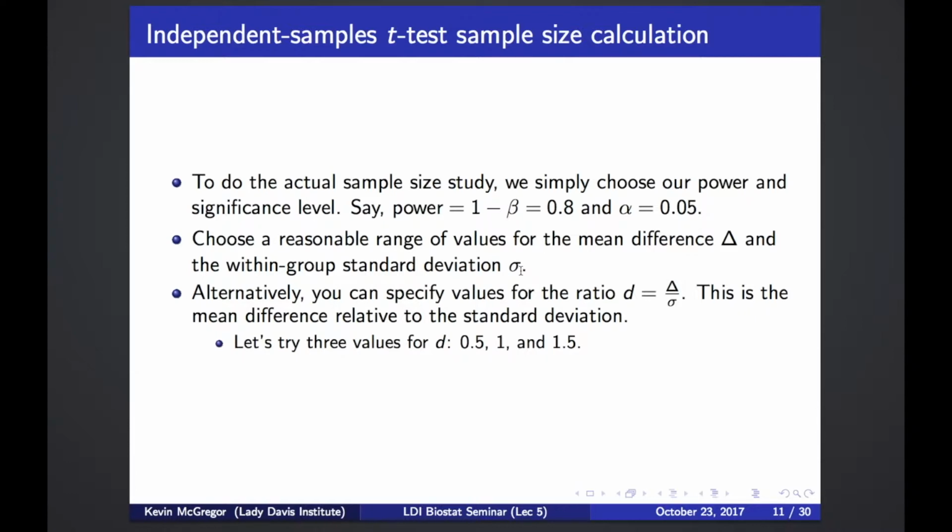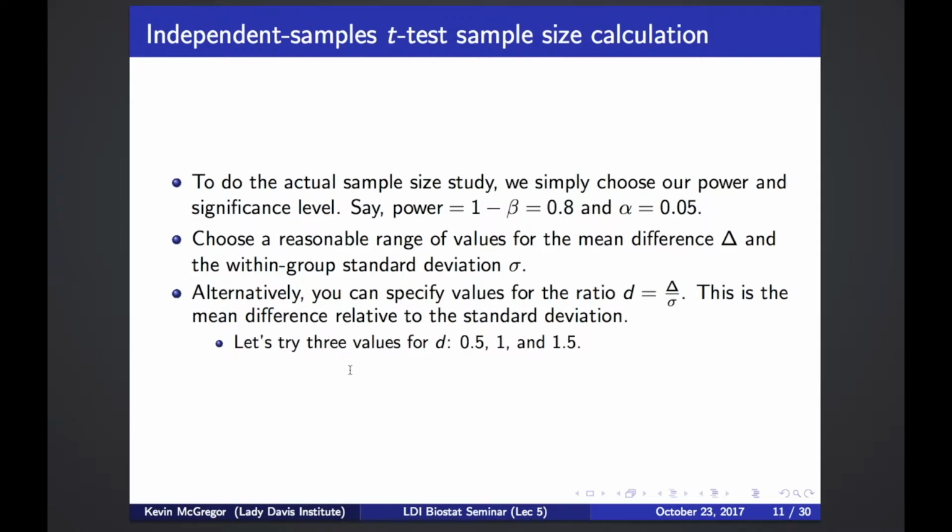But it turns out that there are many pairs of values of this mean difference and standard deviation that will lead to the same power. Basically what we look at instead is the ratio between them: the mean difference delta divided by the standard deviation. You're just looking at how big that mean difference is relative to the within group standard deviation.